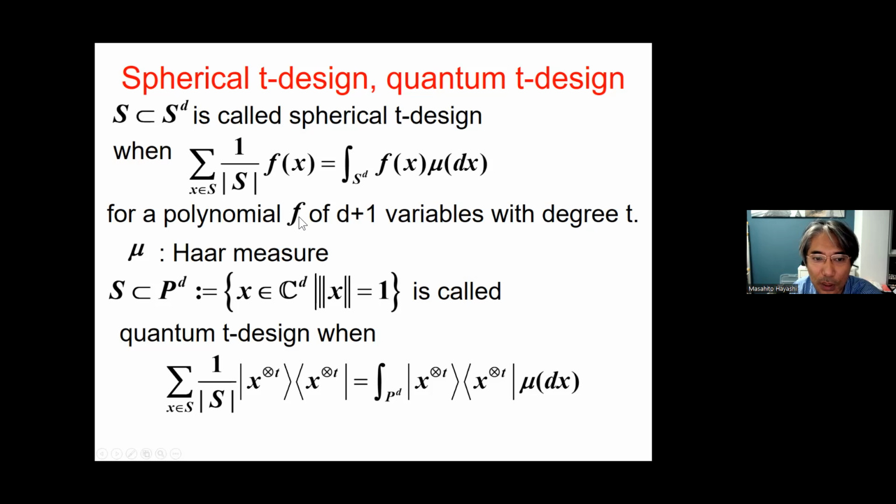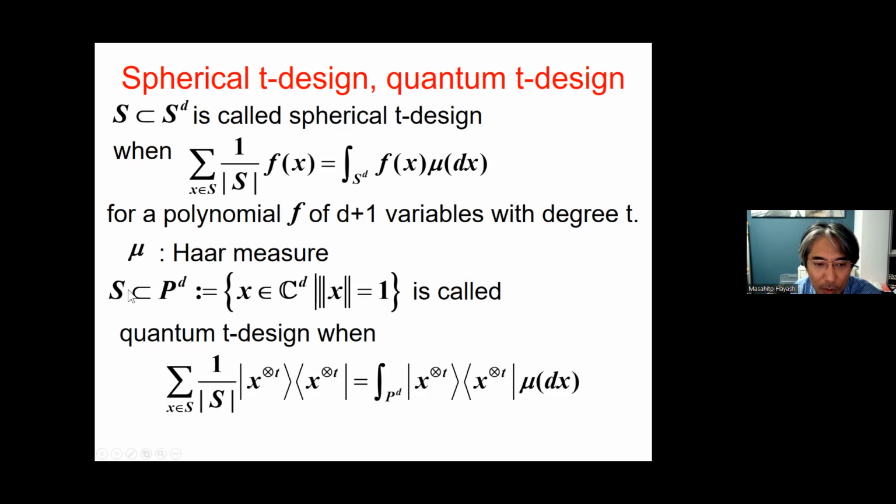And we consider that polynomial. And we take uniform distribution on a subset S. So the expectation under that uniform distribution equals the expectation under the Haar measure. So this equation holds for any polynomial with degree t. So in that case, that subset is called a spherical T design.